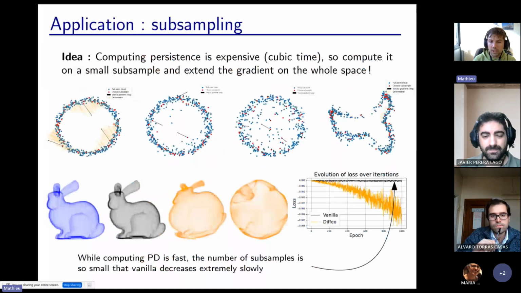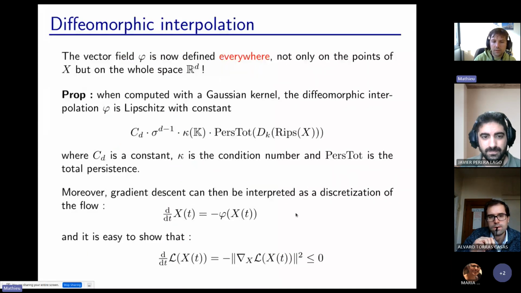Given that we can interpret this diffeomorphism as a flow, we're trying to see how we can regularize a whole dynamic given by an ordinary differential equation.